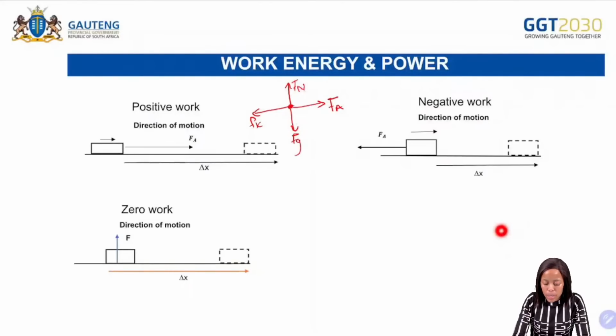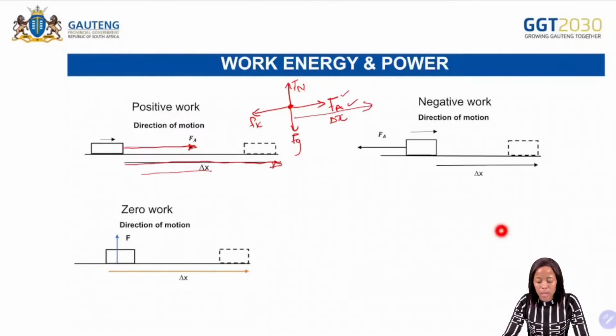So the displacement, we can see that the displacement here is in which direction? Is to the right. Where is the applied force? The applied force is also to the right. So there's your displacement. The displacement is in the same direction as the applied force. So when that happens, we know that for positive work, then we have cos what? We have cos 0. Okay? That is when you'll have a positive work. That is when you'll have a positive answer.